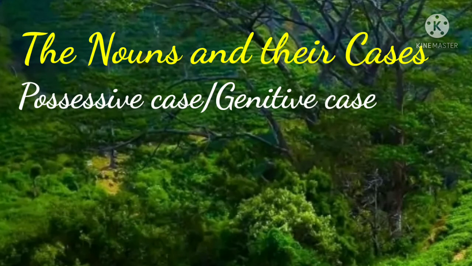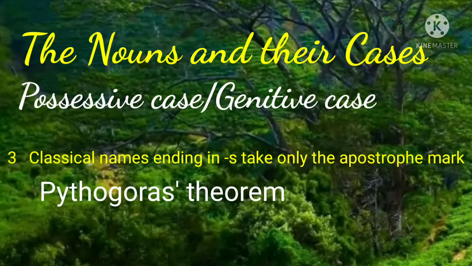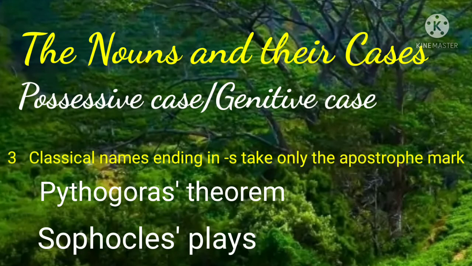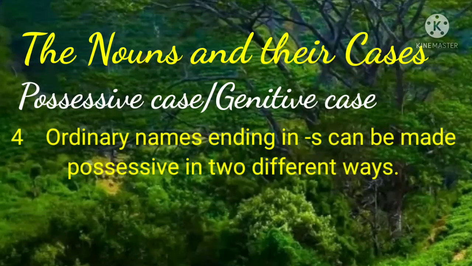Next one, classical names take only the apostrophe mark. For example, Pythagoras' theorem. Pythagoras, then apostrophe mark alone. Sophocles' plays. Just write the name Sophocles, put the apostrophe mark after that. Now, ordinary names ending in S can be made possessive in two different ways.